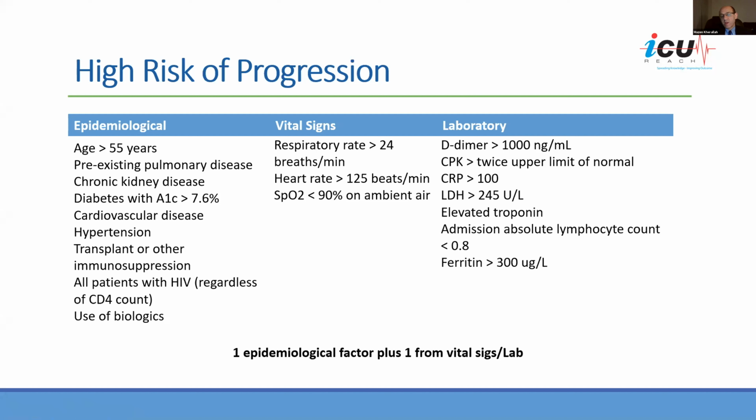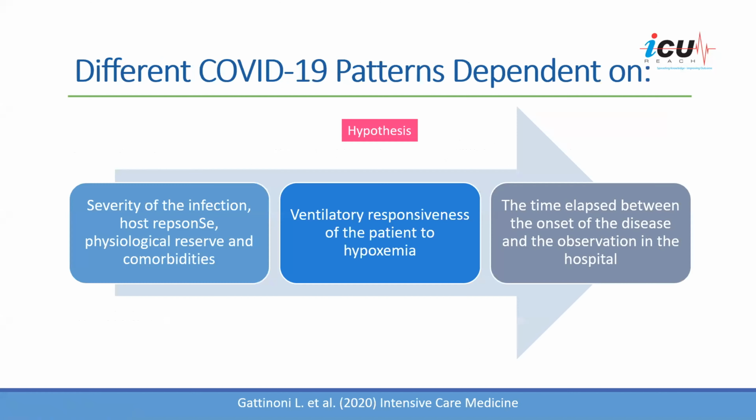So again, phenotype H is more inflammatory disease. It's ARDS-like syndrome, but it did not fulfill all the criteria for ARDS in terms of timing and in terms of compliance.